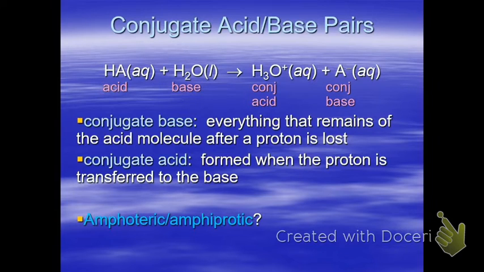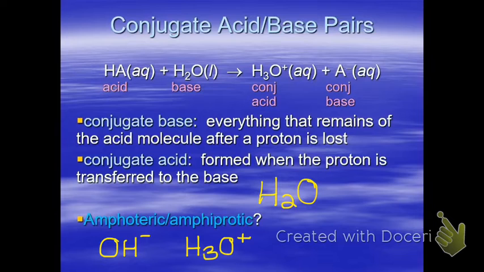Amphoteric means a compound that can act as an acid or a base. If H2O gives away one of its hydrogens and acts like an acid, guess what it turns into? It turns into OH-. If H2O acts like a base, like at the top of the slide here, and accepts a hydrogen, it turns into this. Water is not the only amphoteric substance, but it is one of the most common examples.